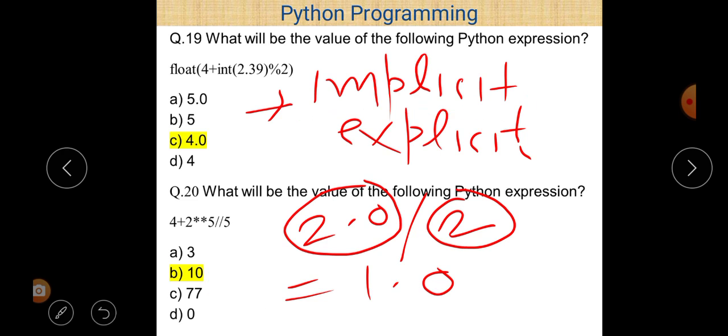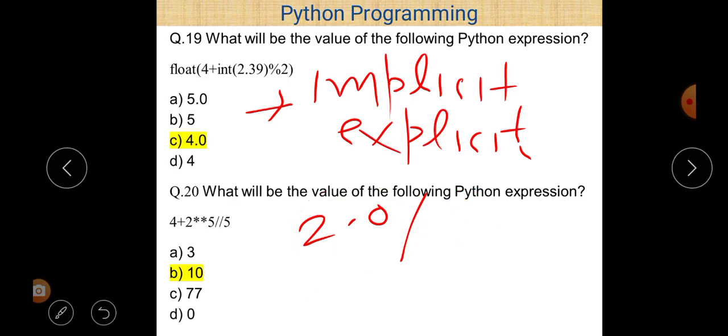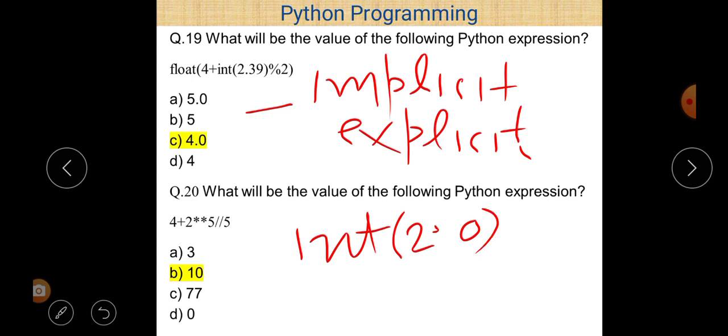But when we talk about explicit type conversion, we mention the data type of a particular value. For example, if we write int(2.0) plus 2, in that case our answer will be 4. Why?